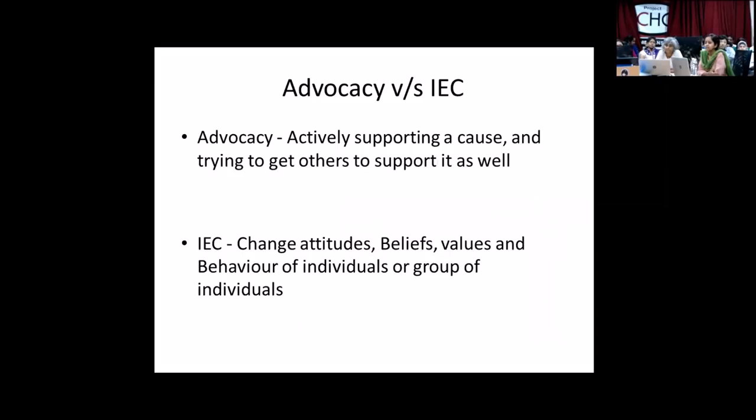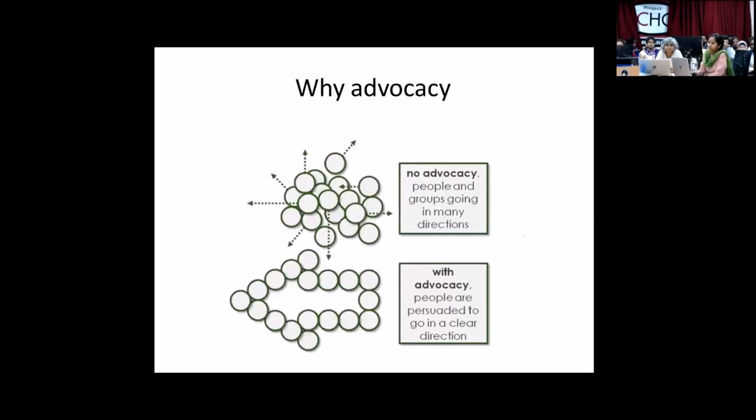Advocacy versus IEC. In advocacy, there is a particular cause that you are trying to get support on from different members, whereas IEC is more individual oriented, wherein you're trying to bring about a behavior change or a change in the values and beliefs of one individual or a group. So why advocacy? In the case of tobacco control, there are so many individuals and organizations working on this issue.